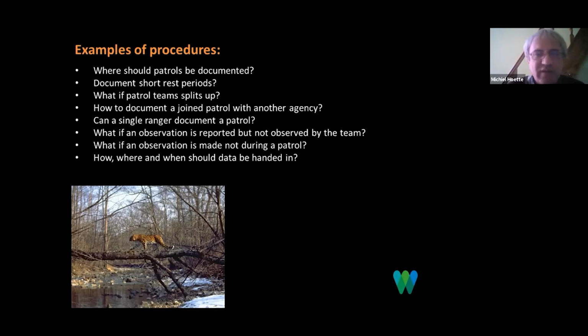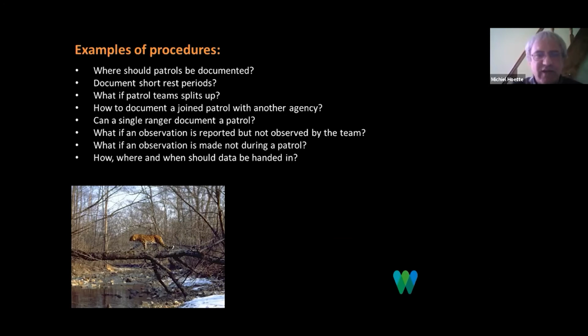And what to do if a team splits up, in which situations both groups then collect data for SMART. Very often site staff work together with other agencies, and then you should decide how that is included in SMART, and whether, for instance, the citations that are issued by another agency are also documented by the site staff for SMART.